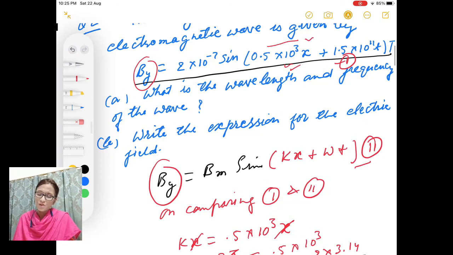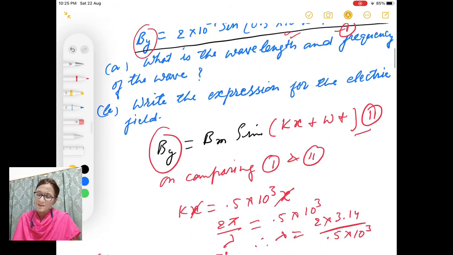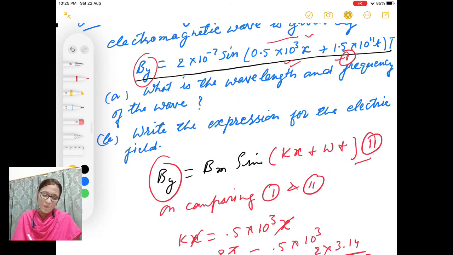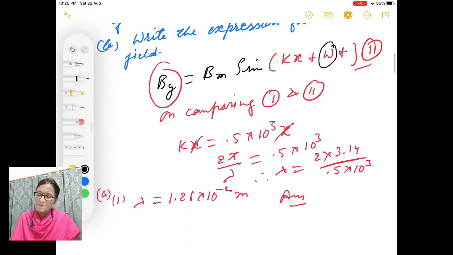Now the second question, what is the frequency? This time you will be comparing angular velocity with the corresponding term.